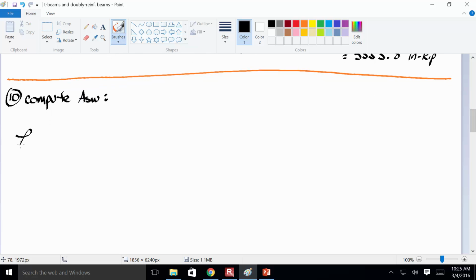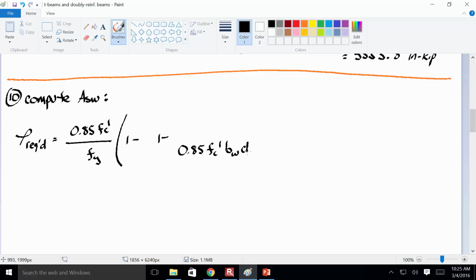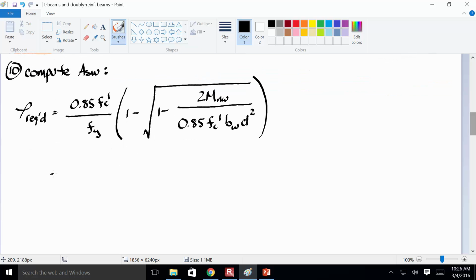I'll start off by computing rho. And keep in mind, because we're dealing with the web steel couple, we're only caring about that little width, so we use B sub W, not B. So plug and chug.